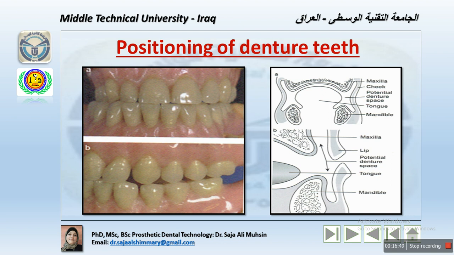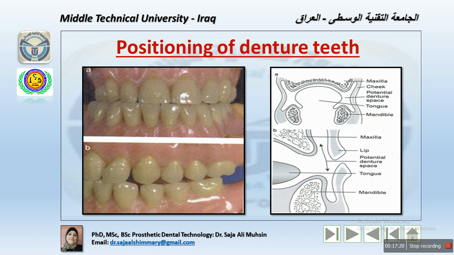The location of the denture, whether over the alveolar bone, buccolingually or mesiodistally, should be in the neutral zone. This zone exists between the forces exerted by the muscles of the cheeks, lips, and tongue, like the orbicularis oris for the lips, the buccinator muscle for the cheeks, and of course the muscles of the tongue.